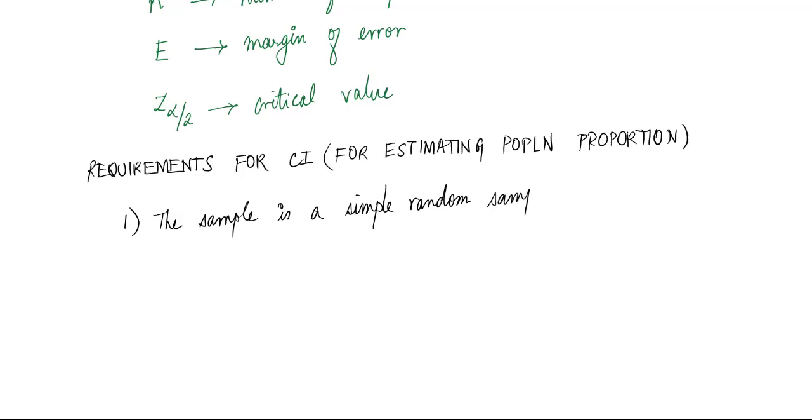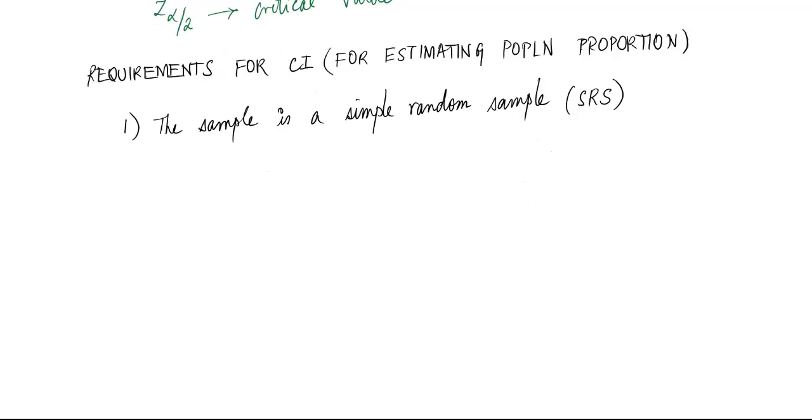This was discussed in early lessons, in the beginning. SRS is the shortcut for it, so when I say SRS, I mean simple random sample. There was an equally likely chance for every member to be selected into the sample.